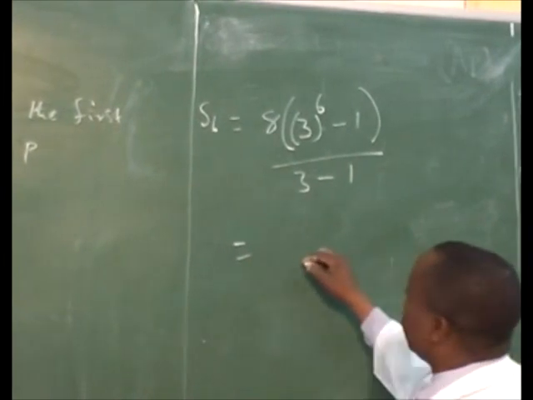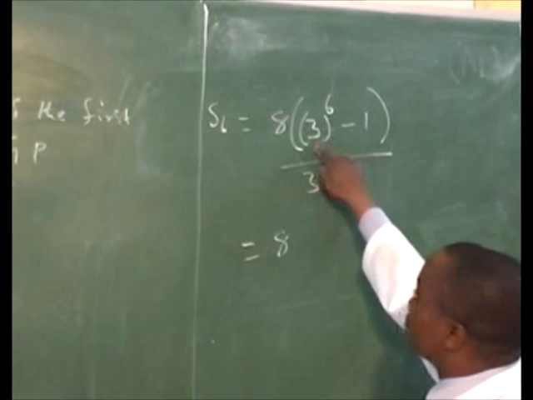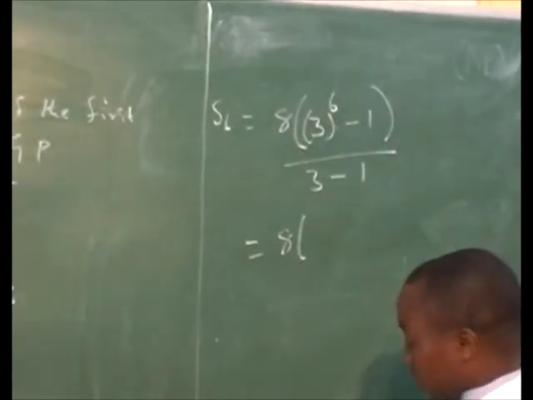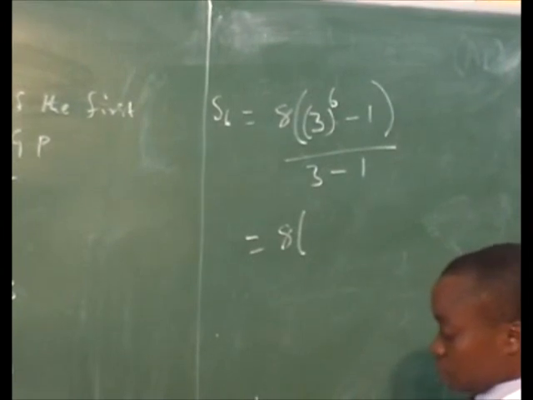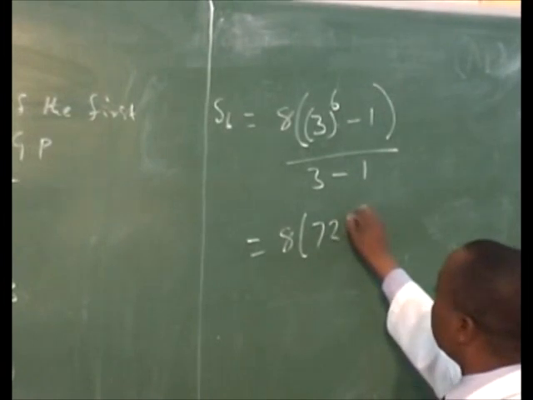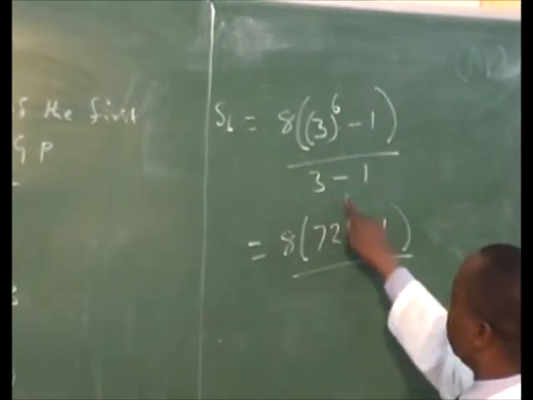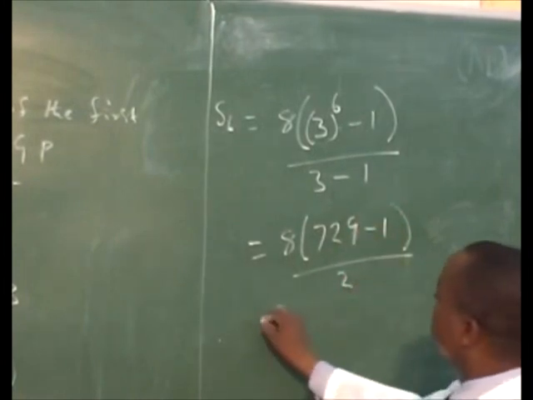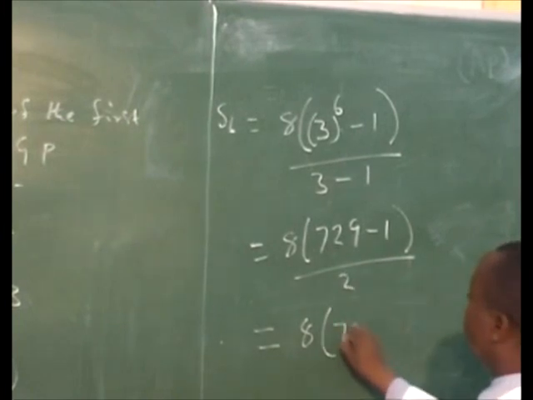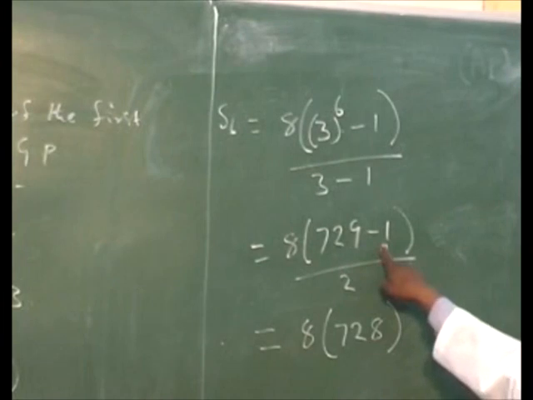It is the same as 8 times, then we have 3 raised to 6. 3 times 3 times 3 times 3 times 3 times 3, 3 raised to 6, is giving us 729 minus 1. Now 3 minus 1 is 2. So it's the same thing as 8 times 728, all over 2.